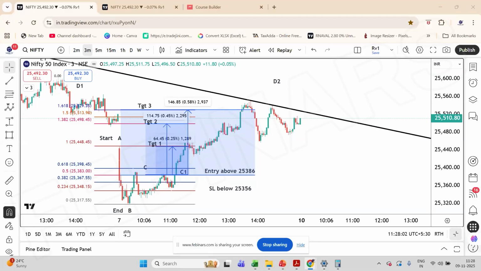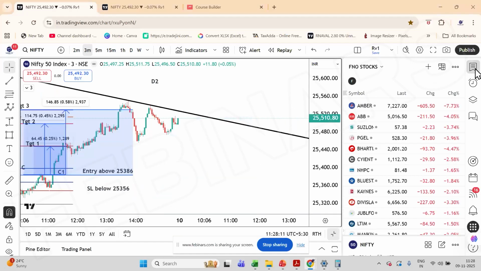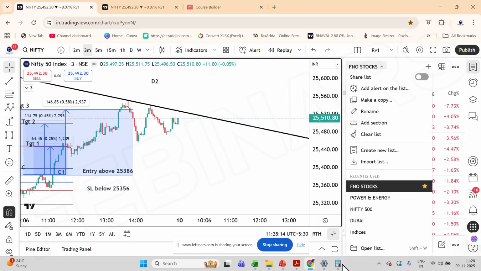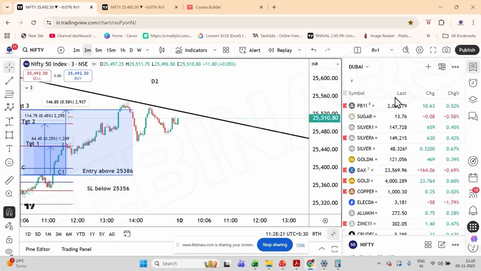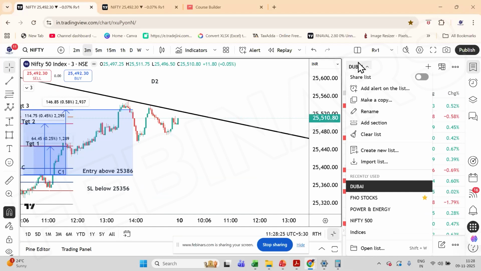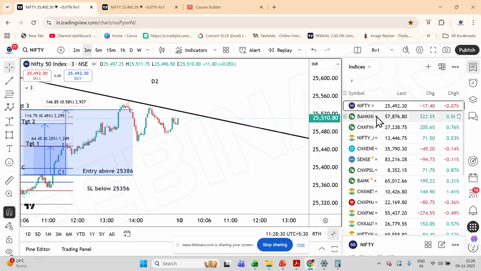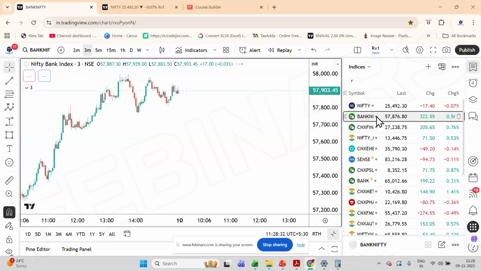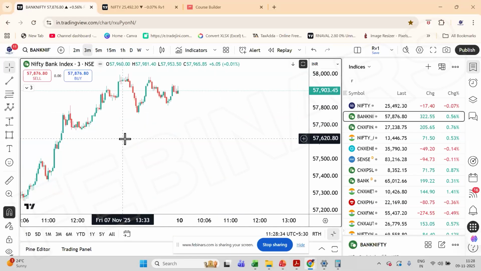Yes, similarly reverse can be done, Mr. Sahu, similarly reverse can be done. On a 3-minute time frame, I have shown you how one can use the Fibonacci, and also on an hourly chart we have seen.